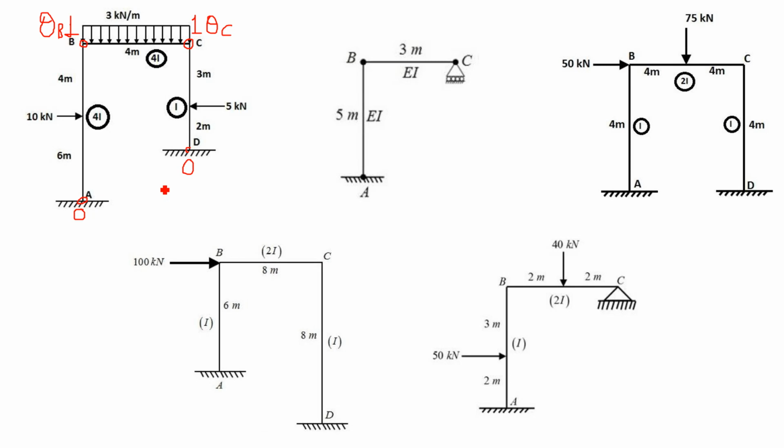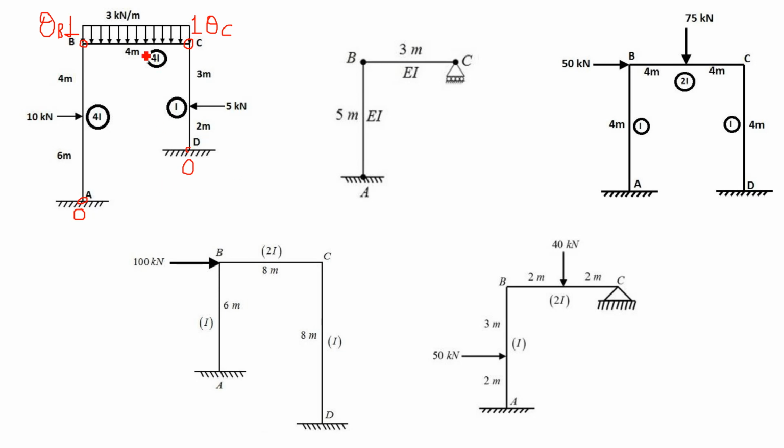There is one more point in the case of frame structures. You have to carefully see whether the frame is a sway frame or non-sway frame. If it is a sway frame, then horizontal displacement of the frame is possible. That horizontal displacement is nothing but horizontal sway, delta, and that is also counted in the degree of kinematic indeterminacy.